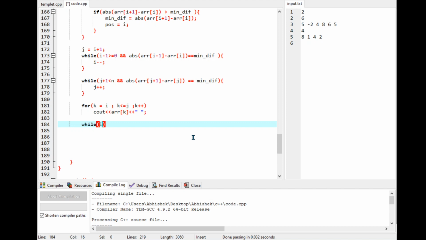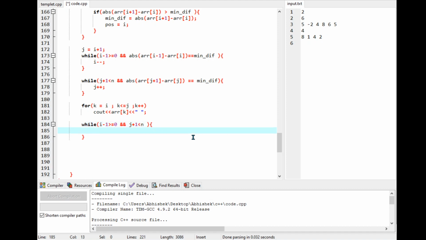So while i is greater than or equal to 0, and it should be i minus 1, because we may have reached just one element, and j plus 1 is less than n.